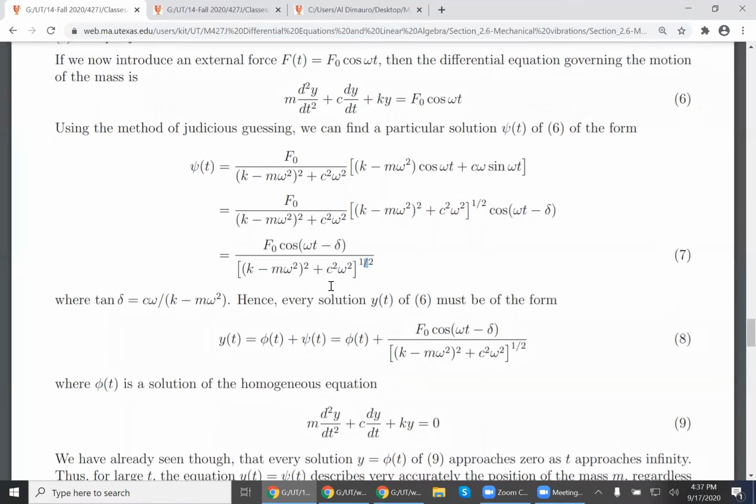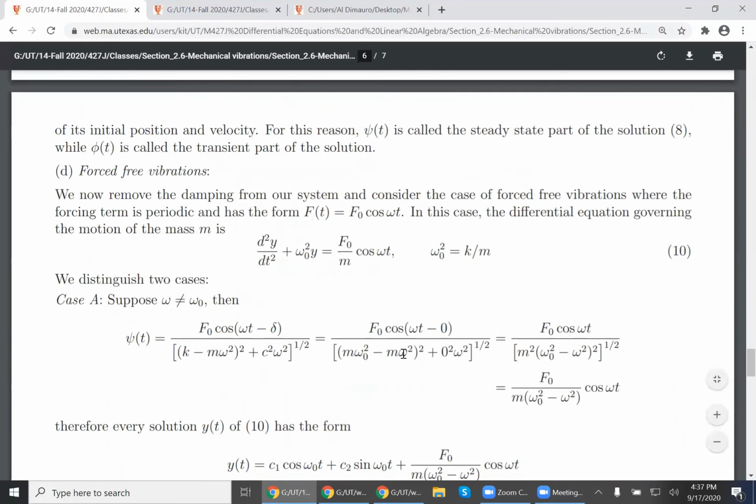By the way, note that when c is equal to 0, tangent of delta is equal to 0, therefore delta is equal to 0. Means, in order to come up with a particular solution of this, in this formula, we replace c by 0 and delta by 0.